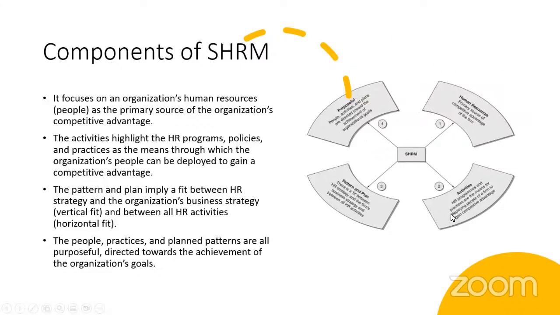Now, if you want to move your organization to being strategic, you just need to look at these 4 components. What are the visions, the purposes, the intents of the organization?